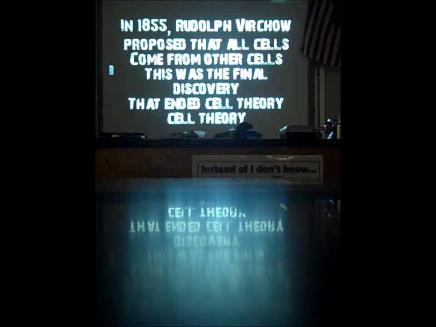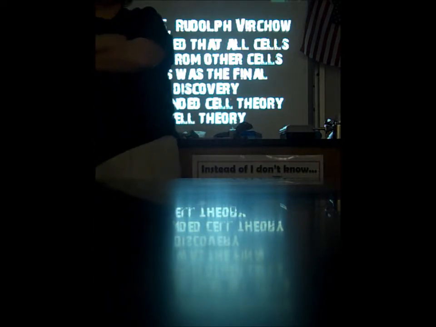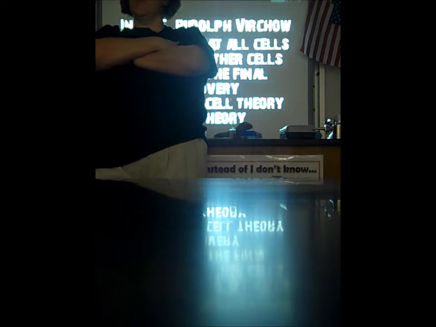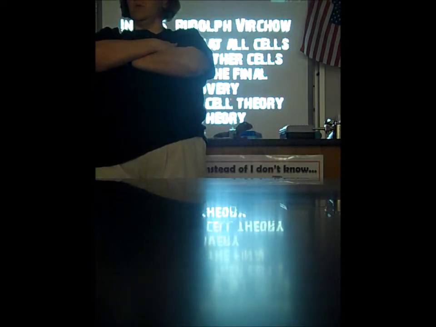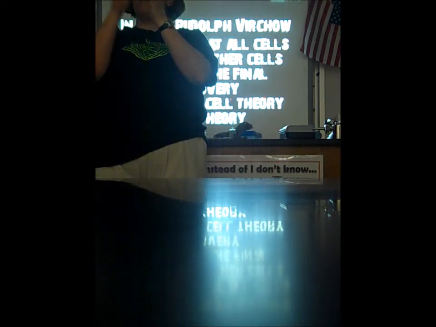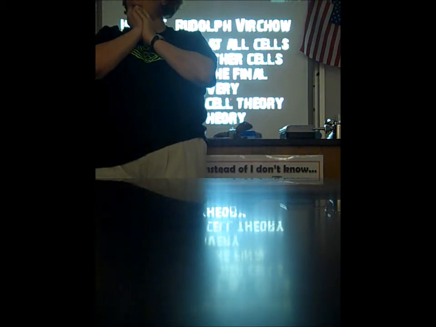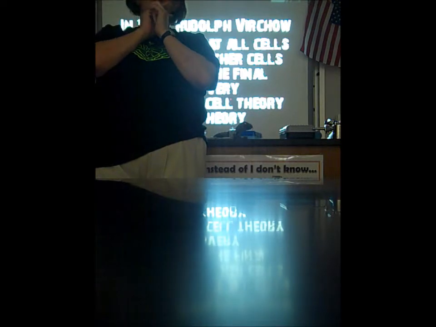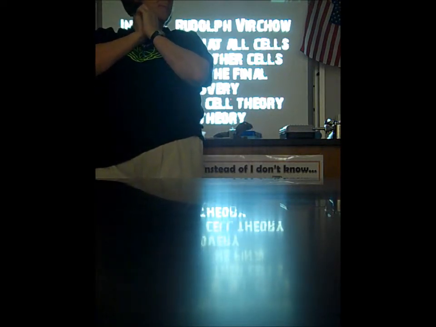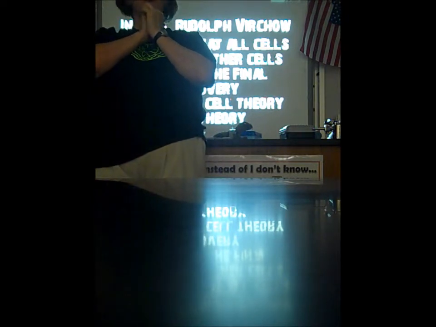You only have 4 other scientists to choose from. We said Virchow came up with part 3. So who came up with part 1? You said Hook came up with part 1. Who do you think, Brooke? Part 1 says all living things are made of cells.